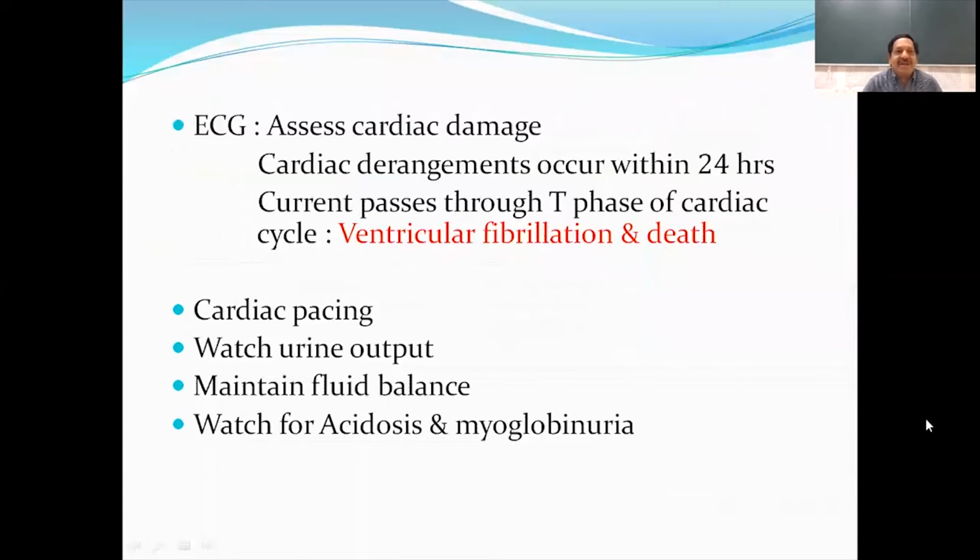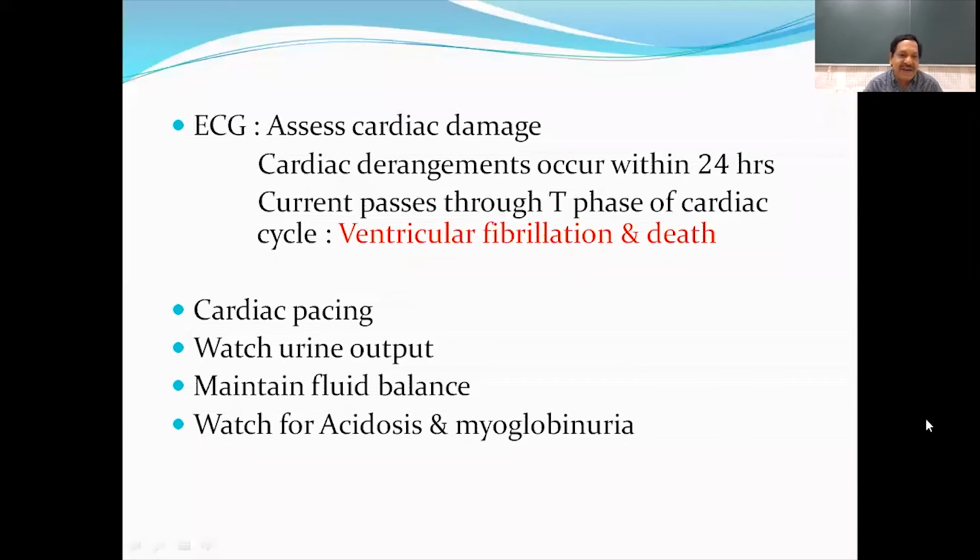In every burn due to electrical causes, an ECG must be taken in the casualty itself to assess cardiac damage. Cardiac derangement can occur within 24 hours when the current passes through the T phase of the cardiac cycle. Ventricular fibrillation and death can occur instantly, because the current interferes with cardiac pacing, sometimes associated with myocardial damage, sometimes not.